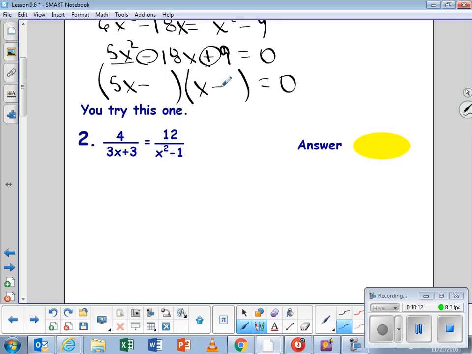9 and 1 or 3 and 3. I have to multiply, remember, Chandler? So 9 times 1 or 3 times 3. And so if I tried 9 and 1 and I did this, my outer 2 would give me a really big number, wouldn't it? And I want 18, not something around 45, right?